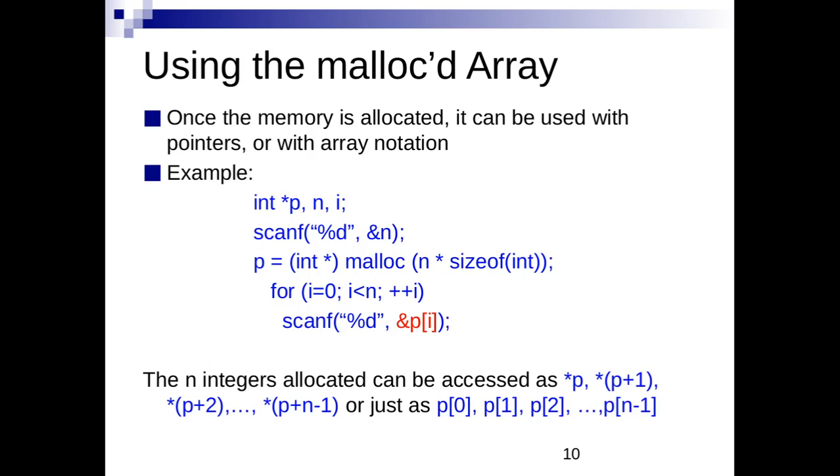And then individual elements, integers of this block, can be accessed using array notation like p[i], or you can use pointer arithmetic and access it using *(p+1), *(p+2), and so on. So both notations can be used to access the individual elements.